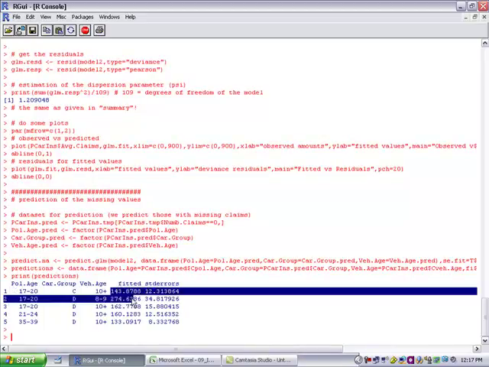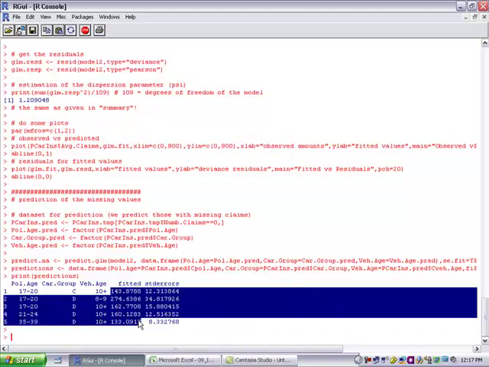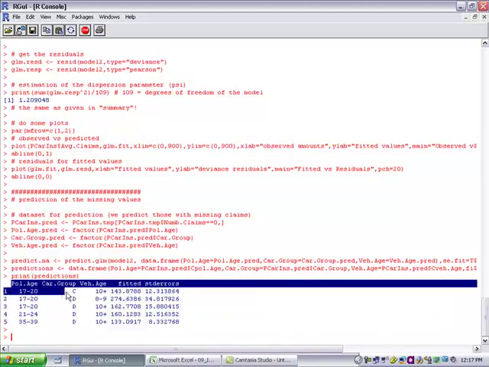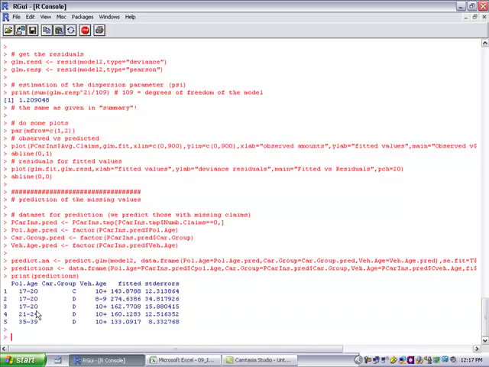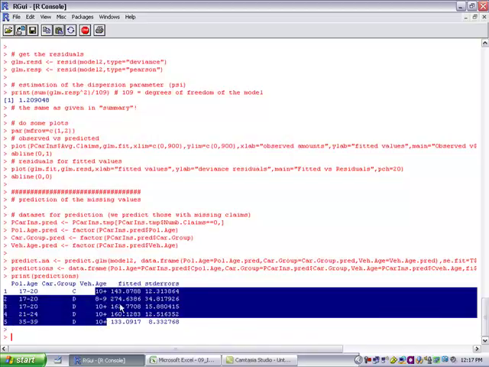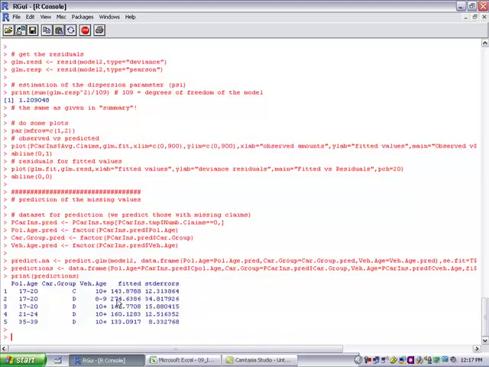So you have the fitted values there according to our GLM, their standard errors, and this corresponds to these factors. So you see we had a lot of young drivers and a lot of category D, and especially for old cars. So these were the cases where we didn't have any observation. But now we are in a position, according to the GLM, to have some estimation of the cost that would occur.